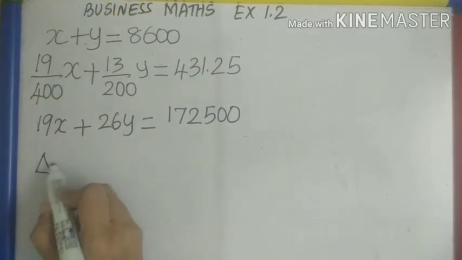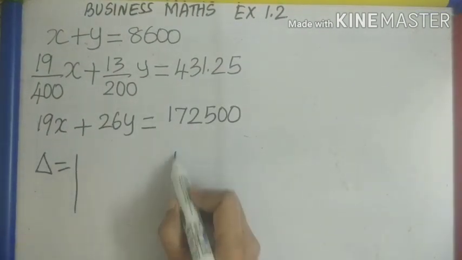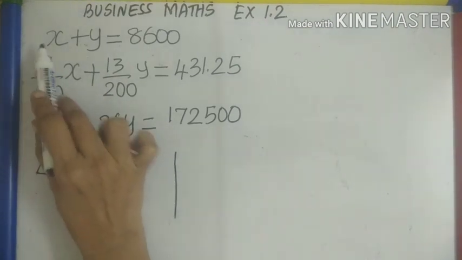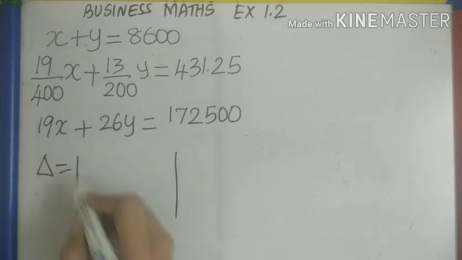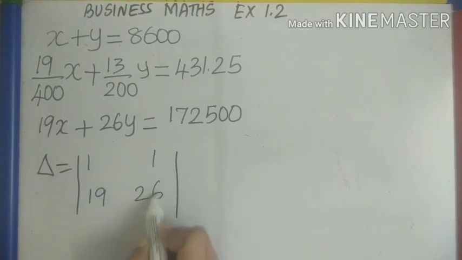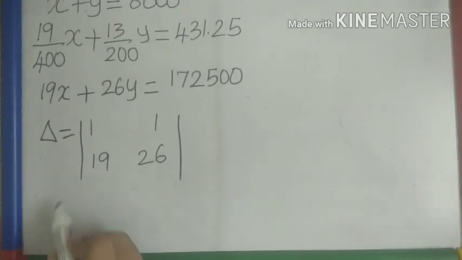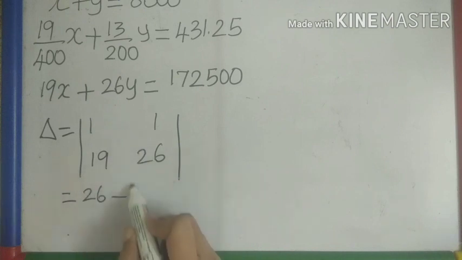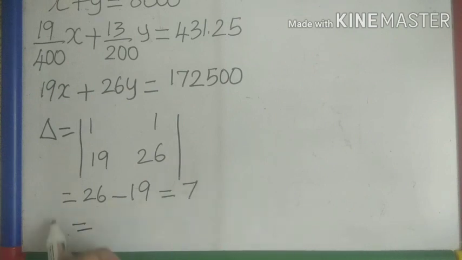First find out del. Del is determinant of the LHS coefficients 1, 1, 19, 26. As I simplify the answer, this is equal to 1 into 26 minus 19 into 1. So what is my answer? 26 minus 19, that is 7.